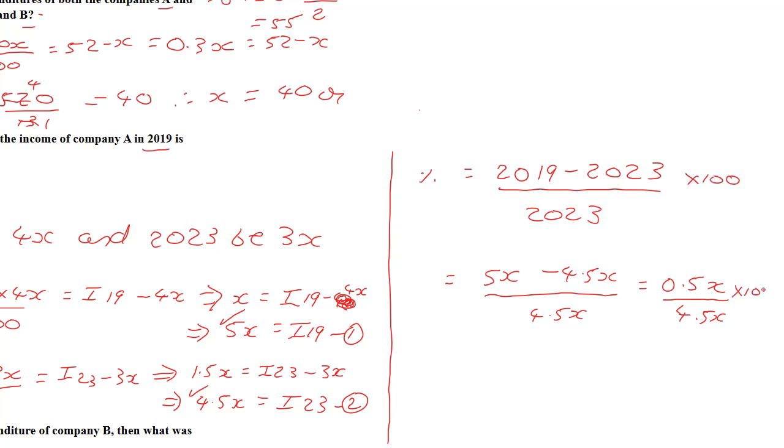So we also multiply by 100, and life becomes very easy. The x's cancel. We can rewrite this as 5 upon 45 times 100, and we end up with 100 upon 9, because 5 ones are 5, 5 nines are 45. Now 100 upon 9 I think is one of the options.